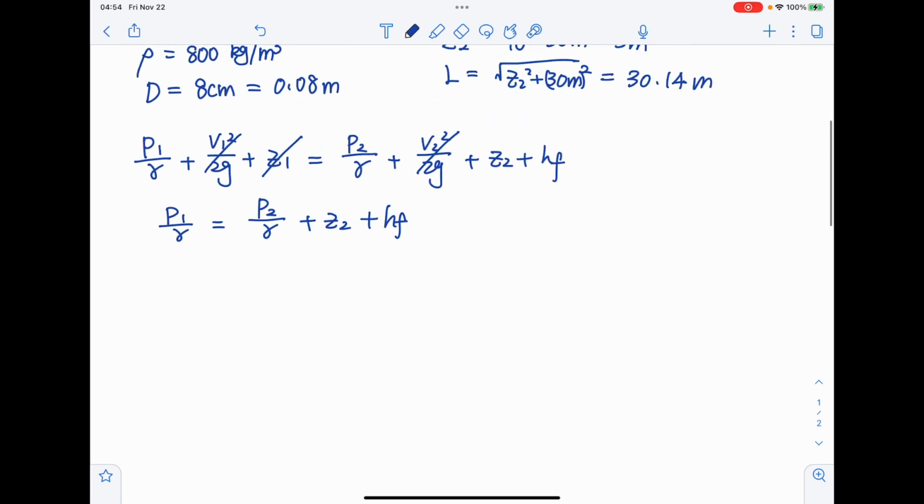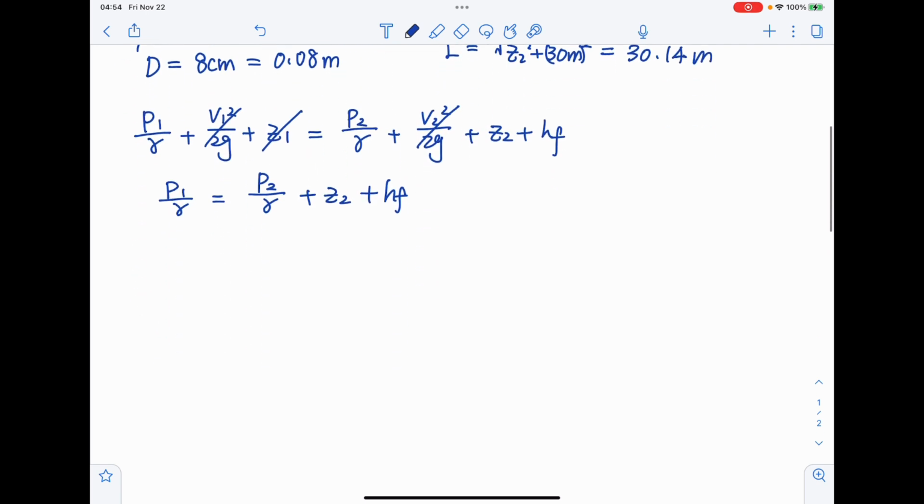The pressure is given here, which is 150 kilopascal.